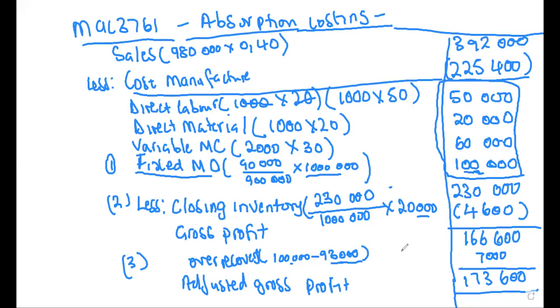Remember we're doing absorption costing, so everything that is here is manufacturing. Remember, we say all non-manufacturing costs are going to be period costs. So the next line that we need is those non-manufacturing costs to arrive at profit for the year.